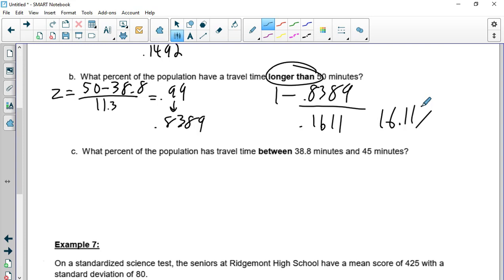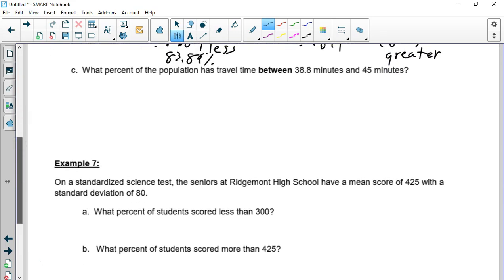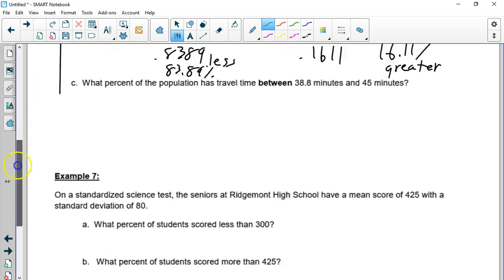So again, if we were asking less than, it'd be 83.89%. That's less than 50. But 16.11 is greater. Because remember, our table always goes to the left. Now, what about 38.8 and 45? In between. Well, we're going to do two z-scores here.